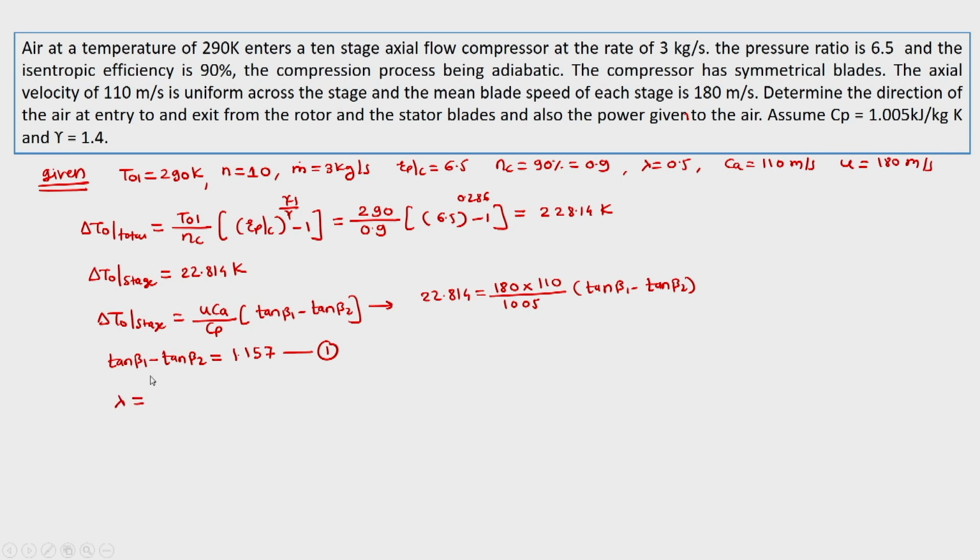We can know another equation from degree of reaction, which is Ca upon twice U into tan of beta 1 plus tan of beta 2. But degree of reaction is half, and half is equal to Ca 110 divided by 2 into 180 into tan of beta 1 plus tan of beta 2.